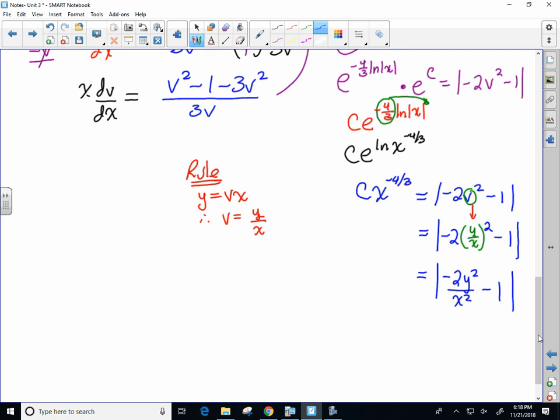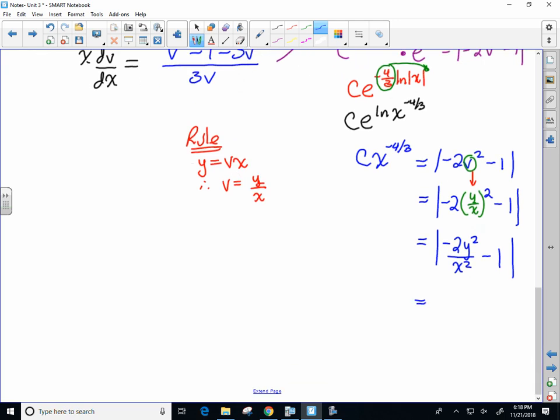Now, an absolute value is telling us that the result can be positive or negative. So I could write, instead of the absolute value, plus or minus negative 2y squared over x squared minus 1. And that would be equal to cx to the negative 4/3.